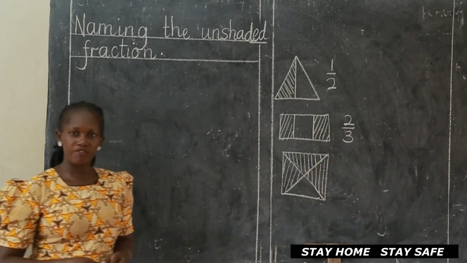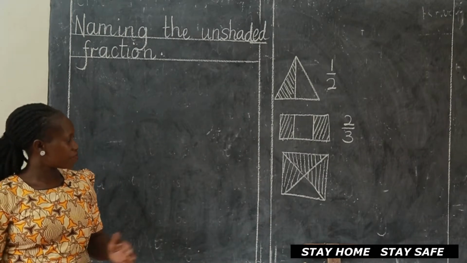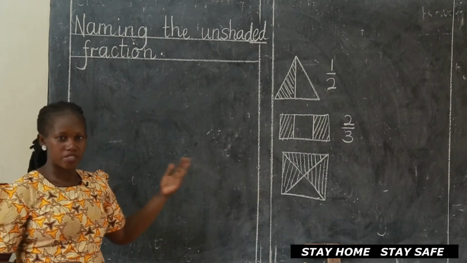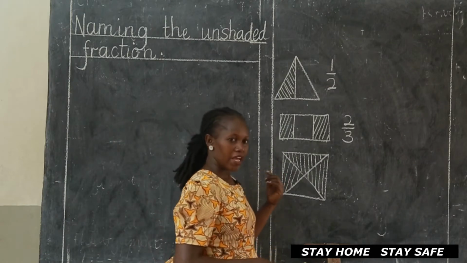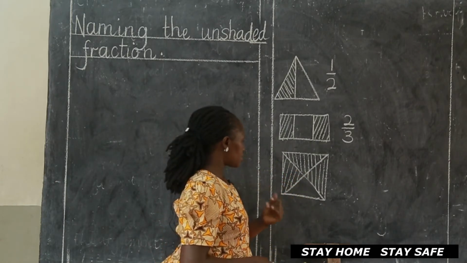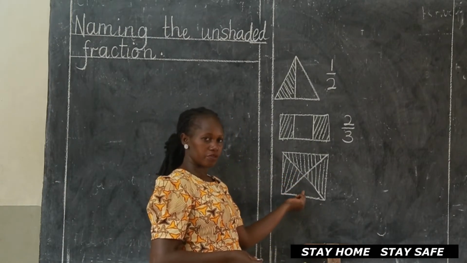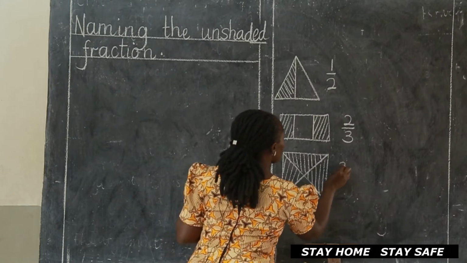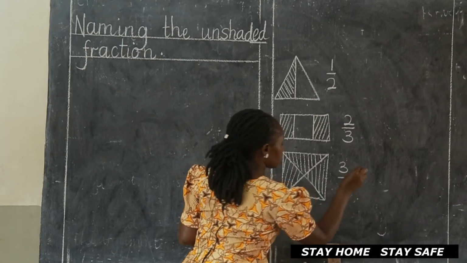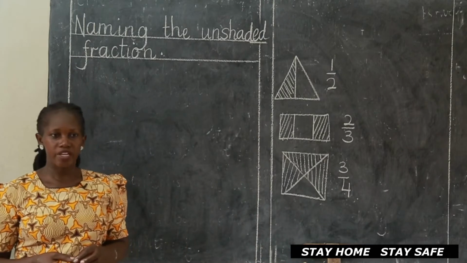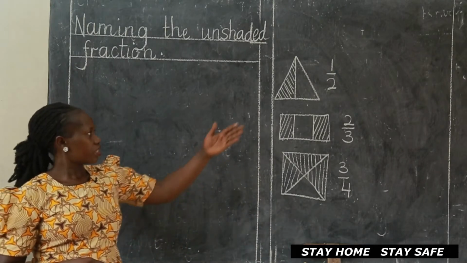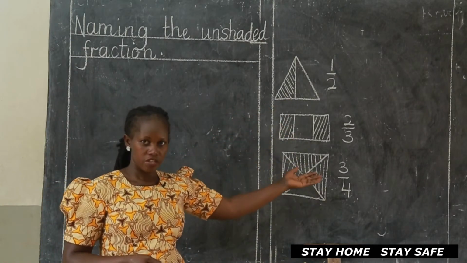How many parts have I removed? I have removed 3 parts. So, out of the 3 parts, remember I had 4. So I have removed 3/4. So this is how we name the shaded fraction.